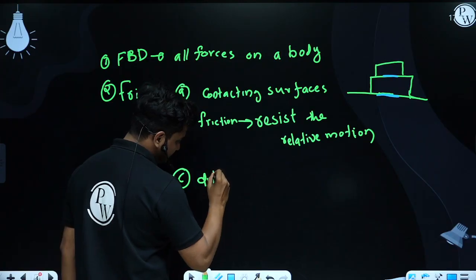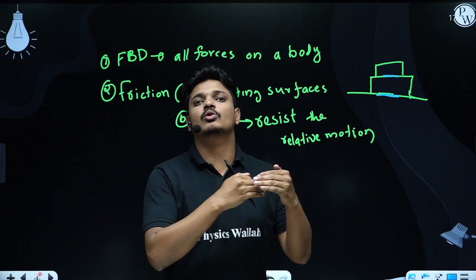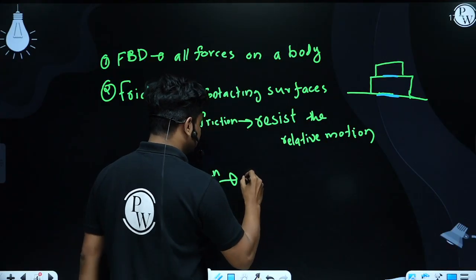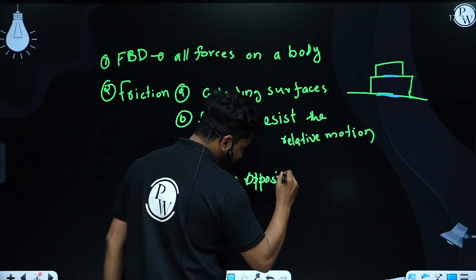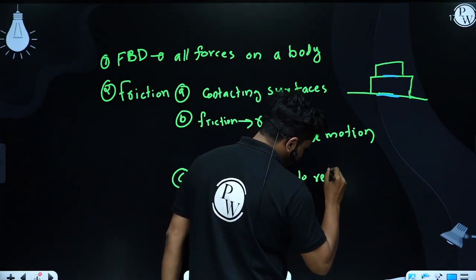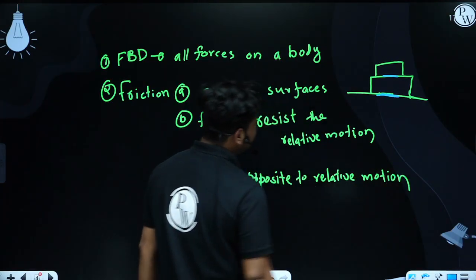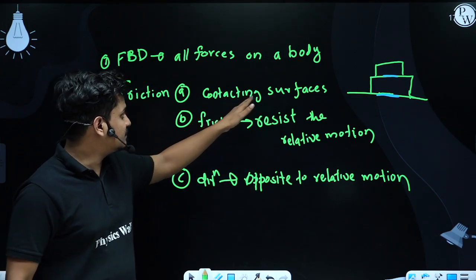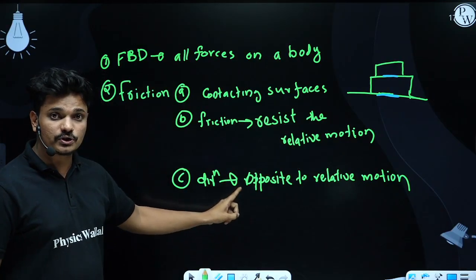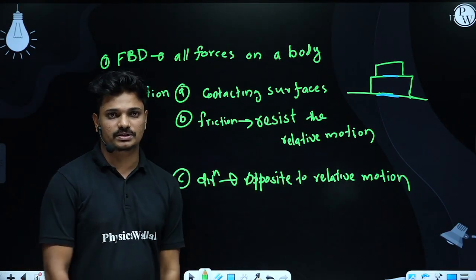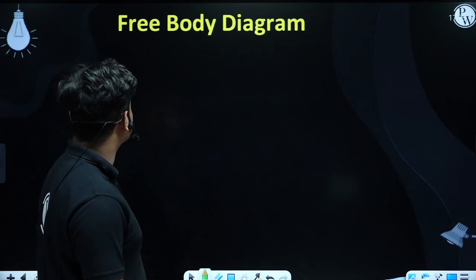The direction of friction is always opposite to the relative motion of the body. So these 3 points you should remember. Friction arises when there are contacting surfaces, then it resists the relative motion, and its direction is opposite to the relative motion.